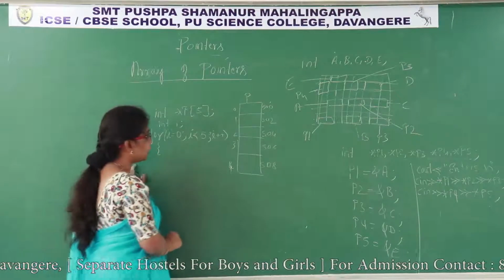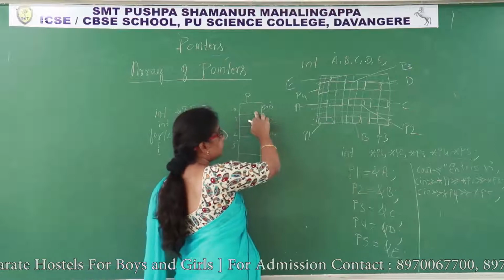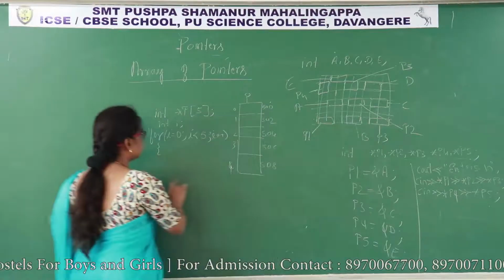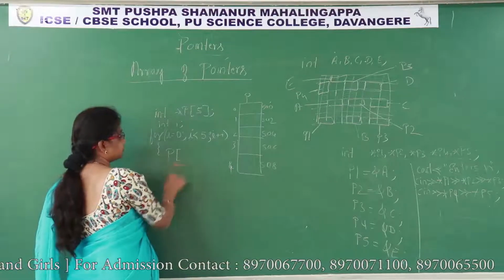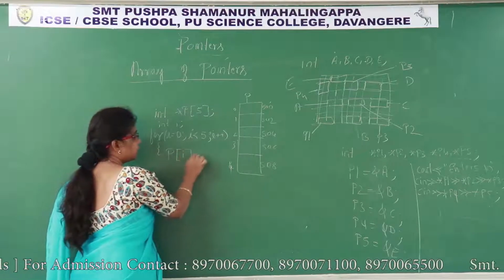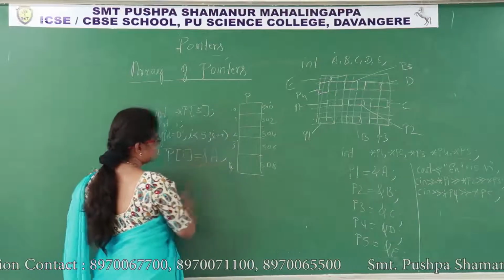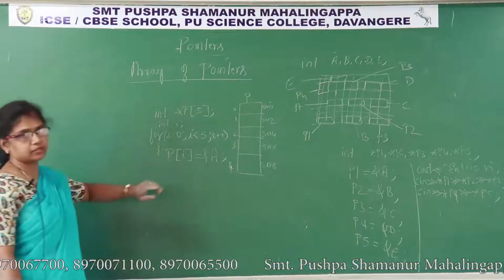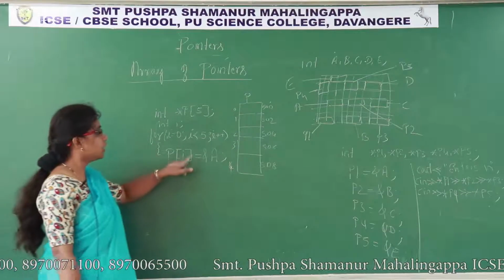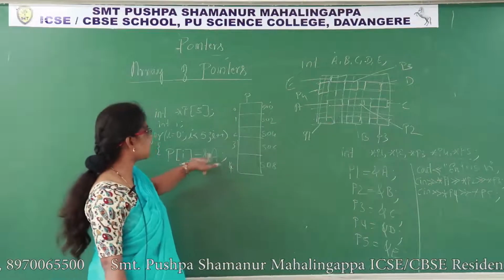First I have to initialize, because P of 0 has to contain the address of A. How to write? P of i is equal to &A. Next, i increments. i becomes 1. P of 1 is equal to &. Now B address has to be stored.